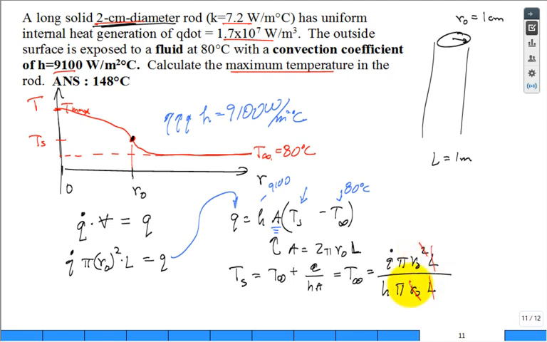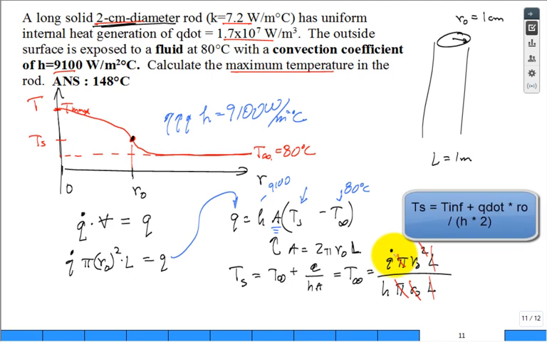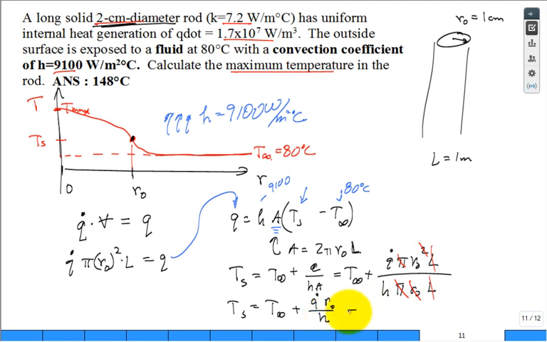This R goes, that pi goes, so you can get it reduced a little bit there. And so, let me clean this up a little bit. What's that equal sign? That's plus. So the surface temperature is T infinity plus Q dot R naught divided by 2H. When you run the number, does it come in around 89.3 degrees C?